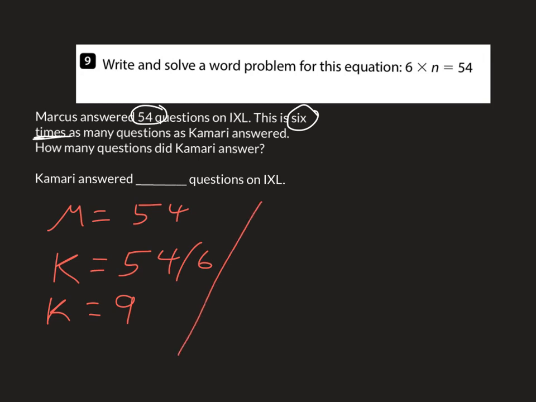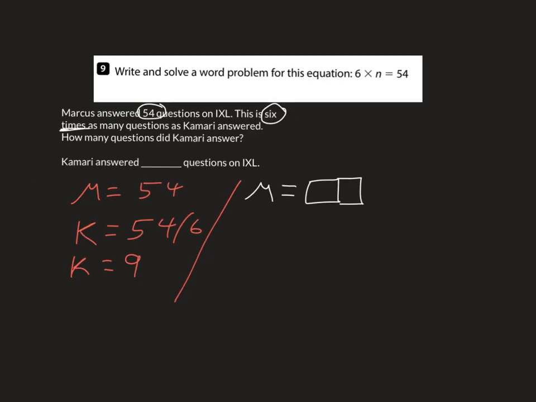All right, let's set it up using the bar model. We have Marcus answered 6 times: 1, 2, 3, 4, 5, 6. Kamari answered 1.